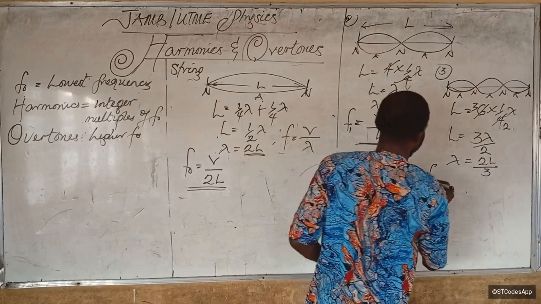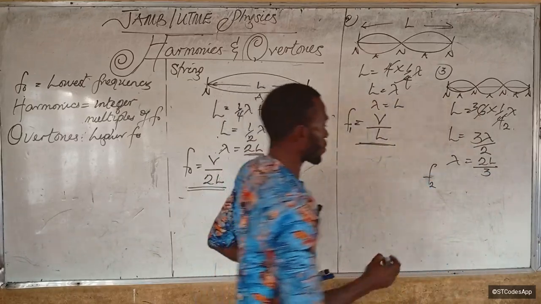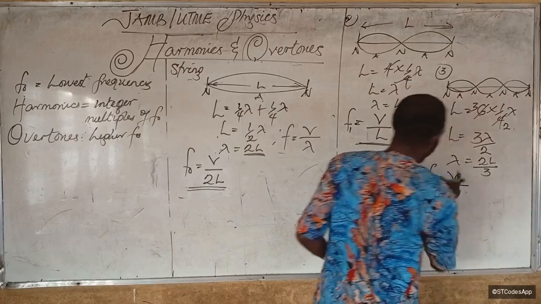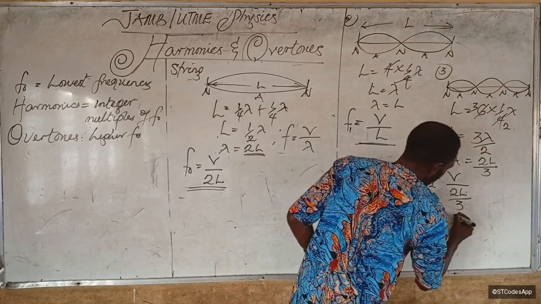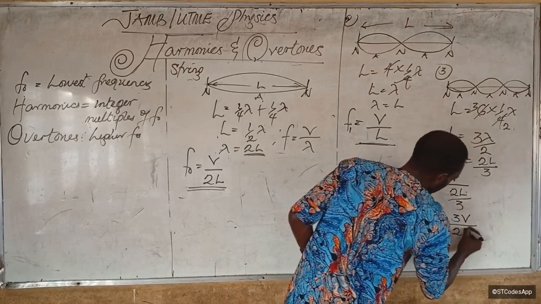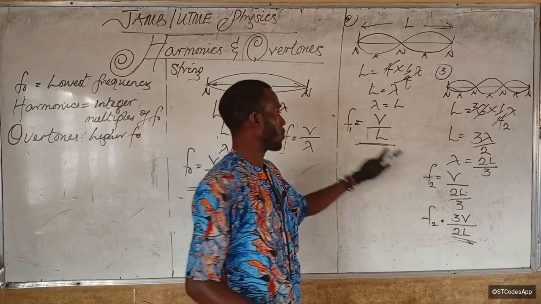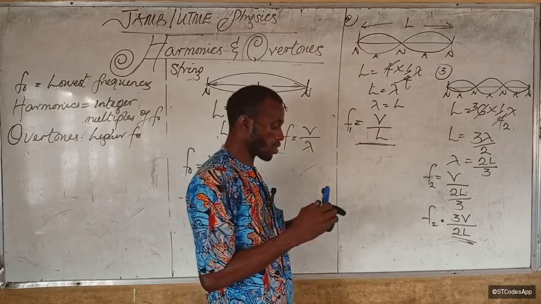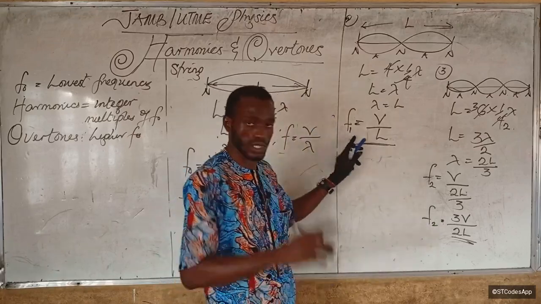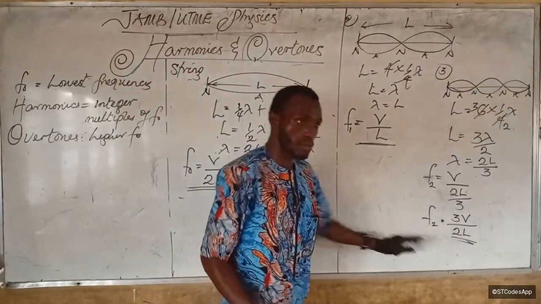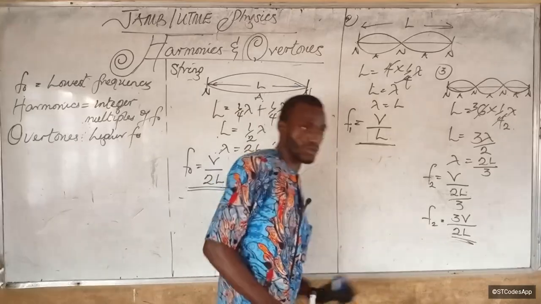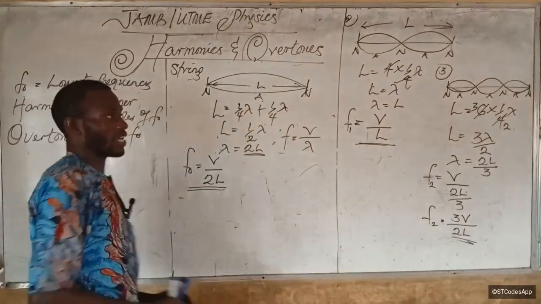Then we'll substitute it into our equation of frequency, which is always V over lambda, lambda now being 2L over 3. So F sub 2 equals 3V over 2L. Why is it F sub 2? Because it is one more step higher than the initial harmonic, right? So this will be the third harmonic, but the second overtone. All right.